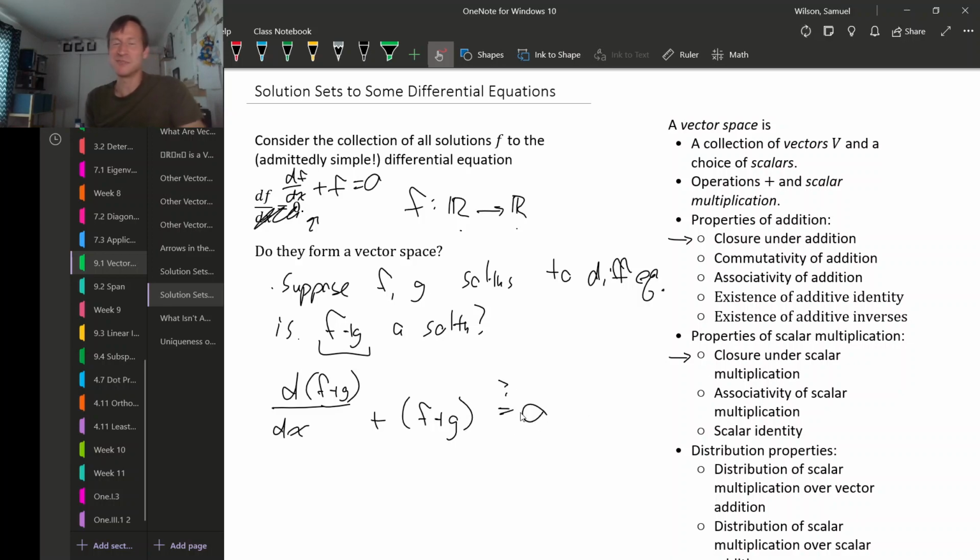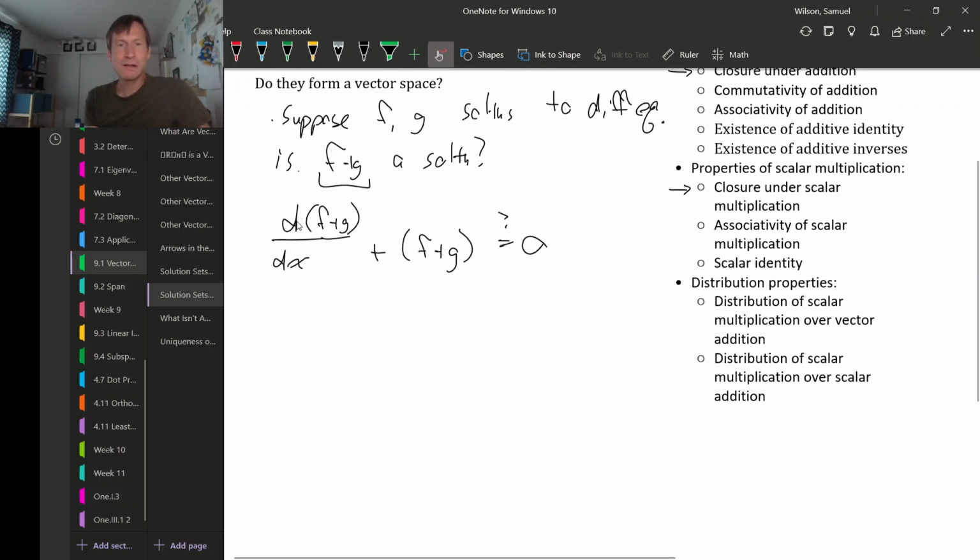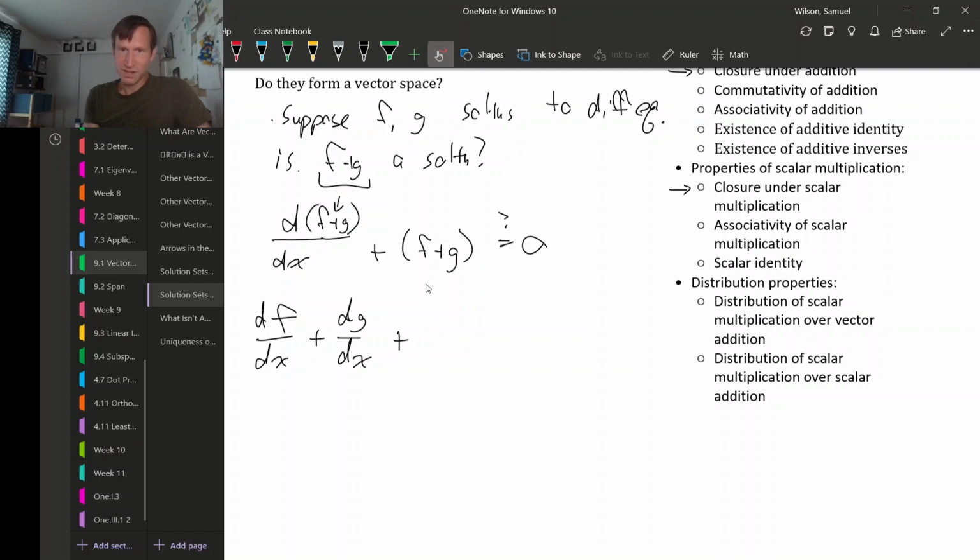We don't know if it is equal to 0 yet, but that's what we're hoping. Because we have a sum here, we can use the sum rule for derivatives to essentially distribute this derivative. So we get the derivative of f plus the derivative of g, plus f plus g.